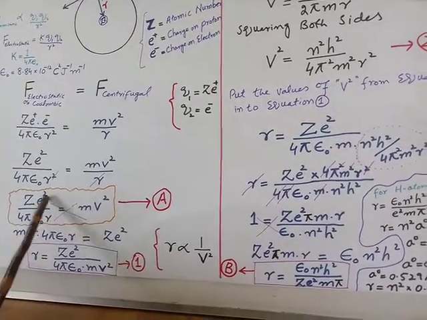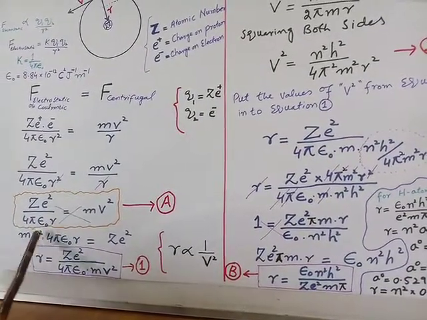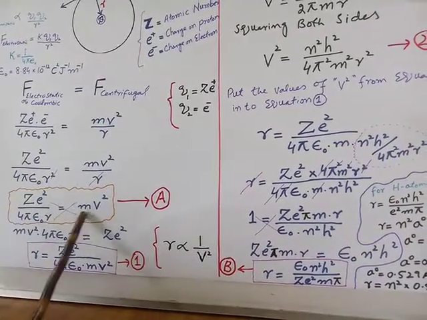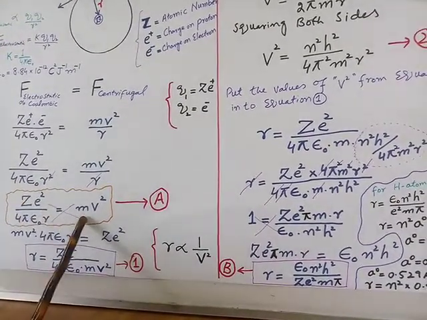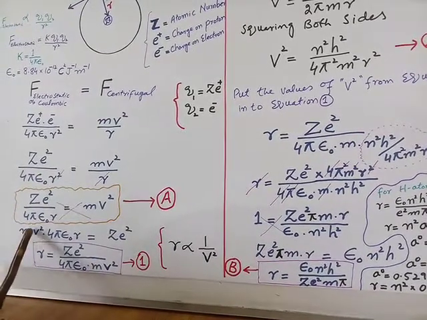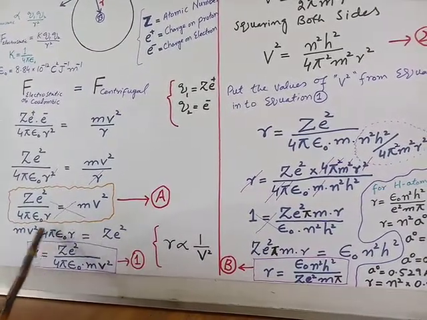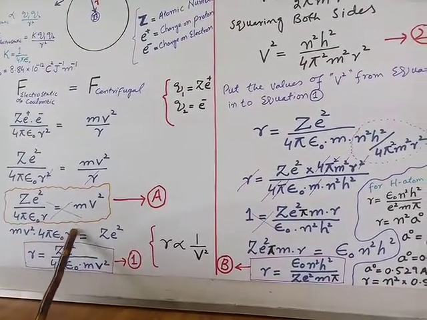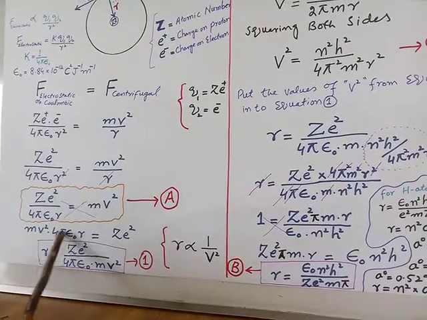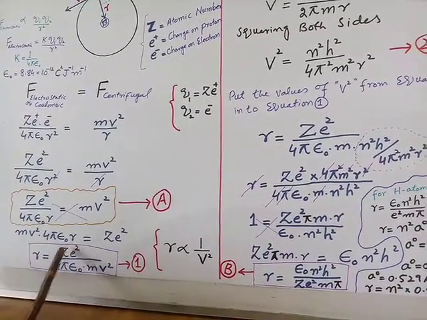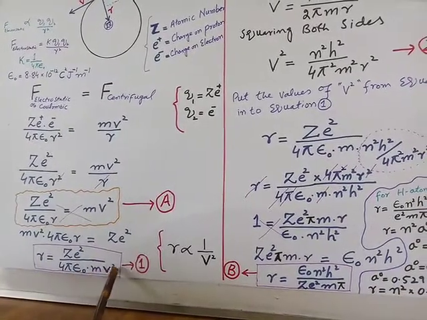Now by cross multiplication, mv square and these two terms are multiplied with each other, and here is 1, so Ze square is multiplied with 1. So we get Ze square equals mv square times 4 pi epsilon naught r. Rearrange this equation for r: retain the r here and transfer this term there. So we get r equals Ze square over 4 pi epsilon naught mv square.